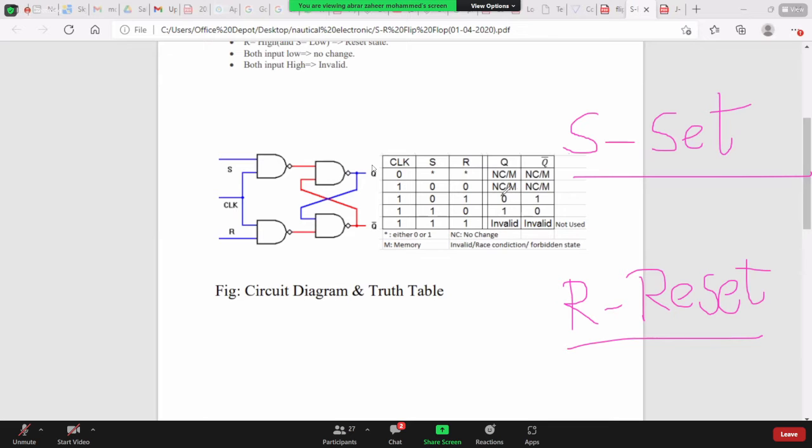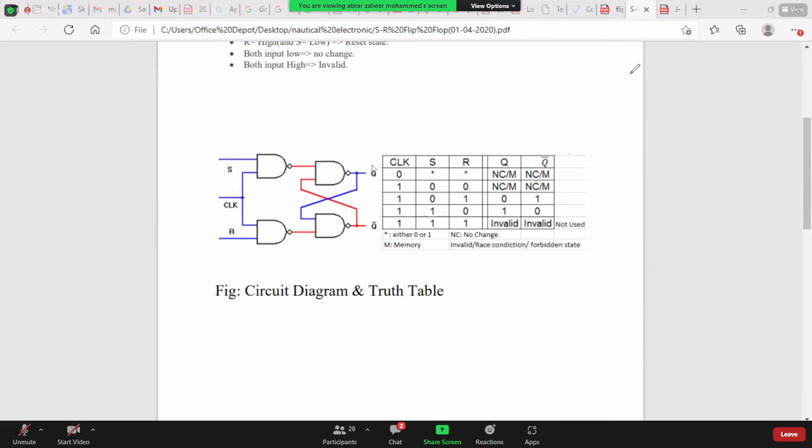So we'll see what is happening when we give the input. Suppose S is 0 and R is 0 and clock is 1, and the output Q is 0 and Q bar is 1. When S is 0 and clock is 1, the output of this NAND gate will be 1. And when clock is 1 and R is 0, the output of this NAND gate will be 1.